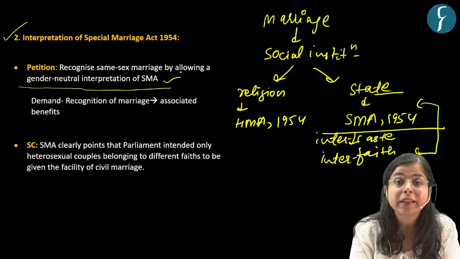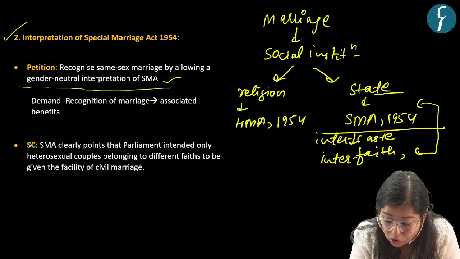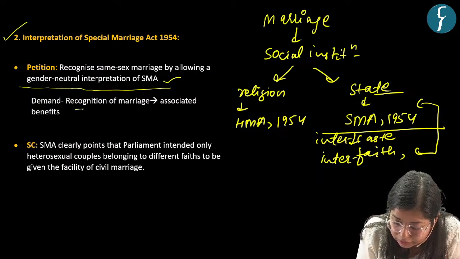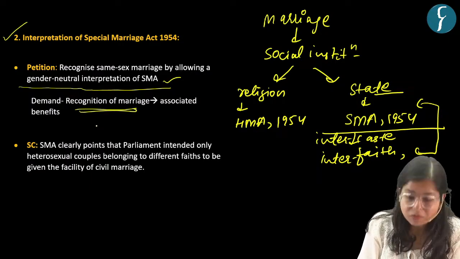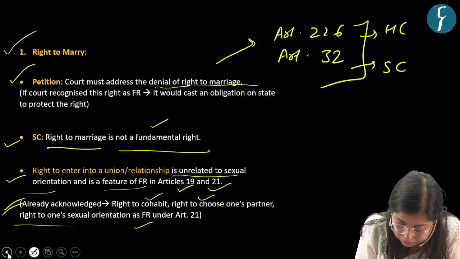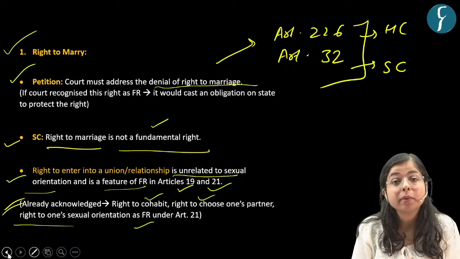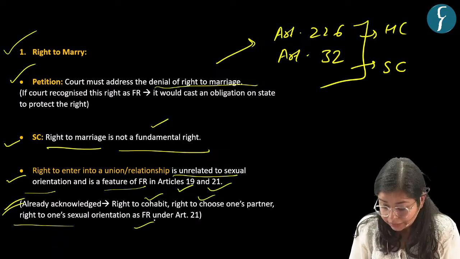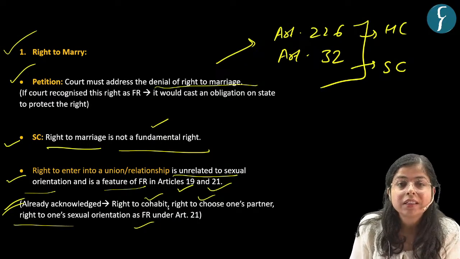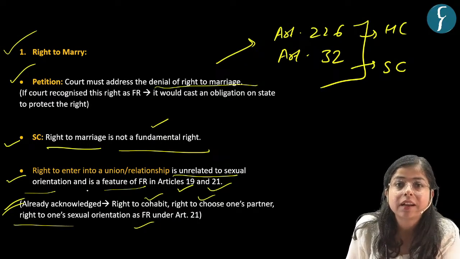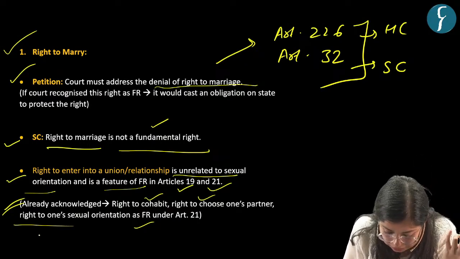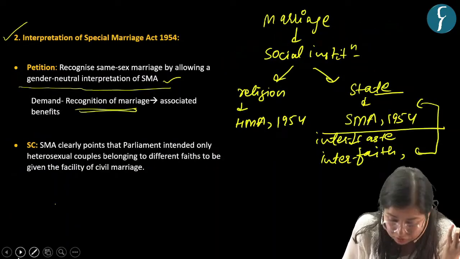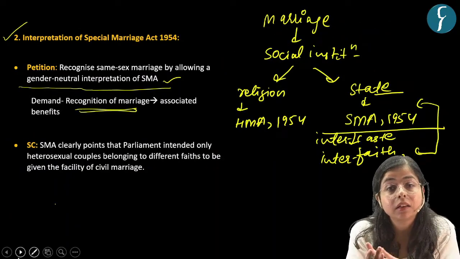Now, what did the petitioners demand? They wanted recognition of marriage. Now, you might think that if the LGBTQ community has the right to cohabit or live together, and the right to choose one's partner, then why do they even want this right to marry? Okay, what is the significant change which will happen after they get this right to marriage?